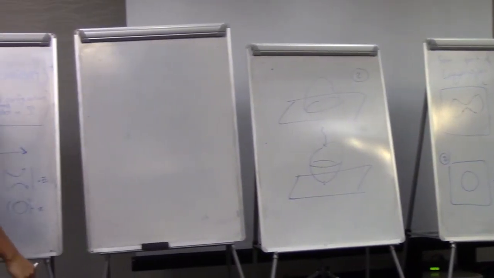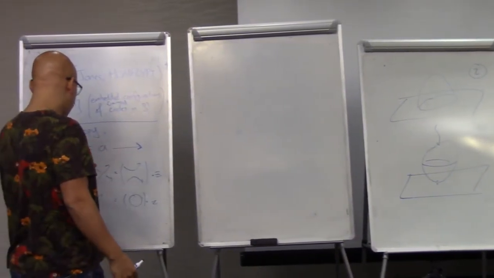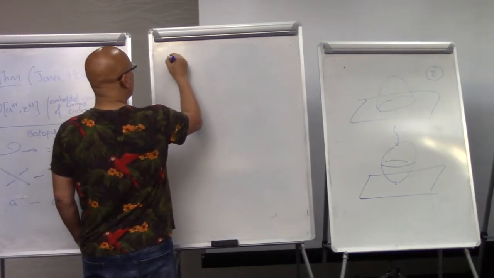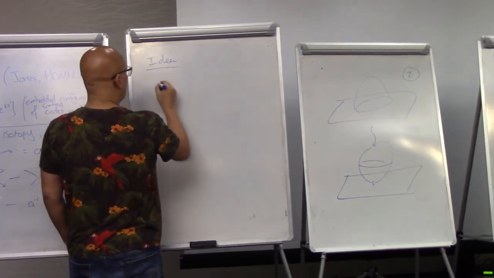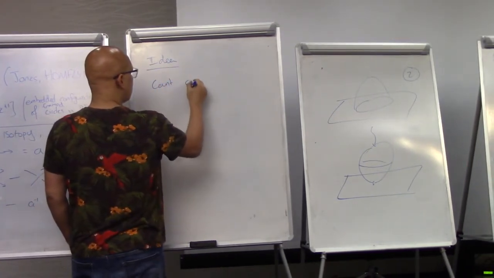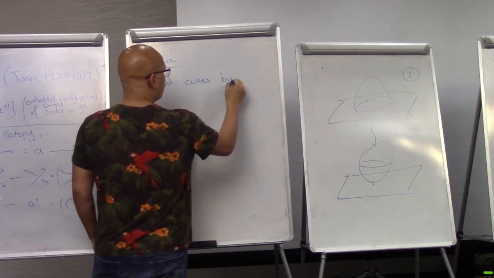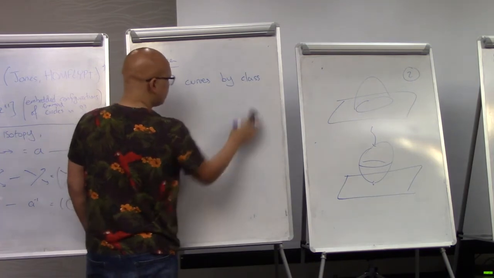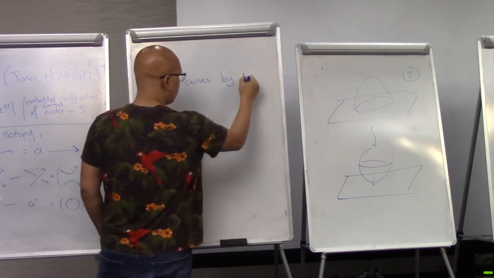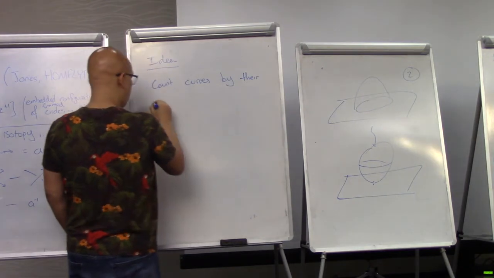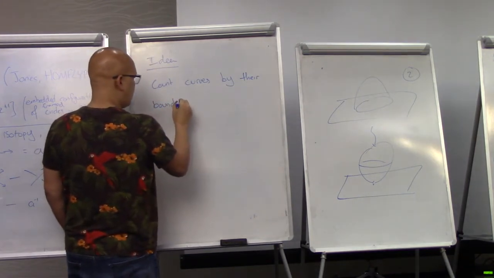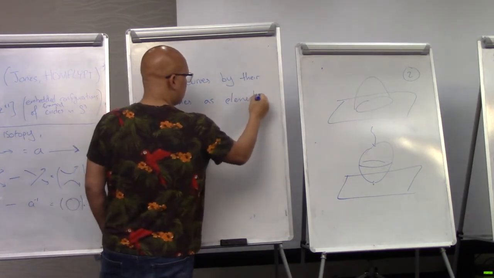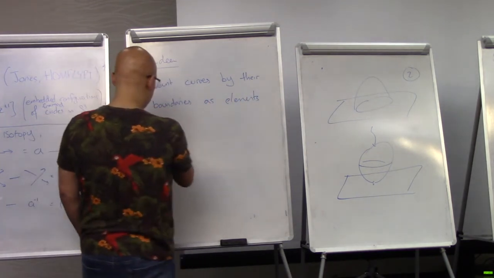So now the solution to the problem is that we count curves by the class of their boundary, by their boundaries, as elements in this Skeins model.